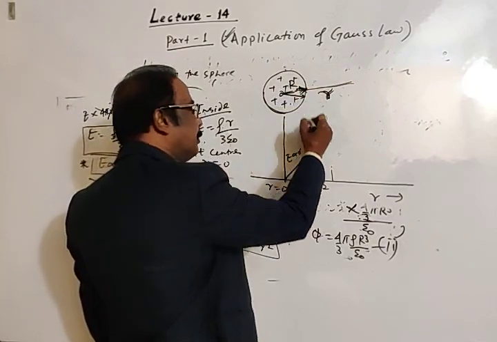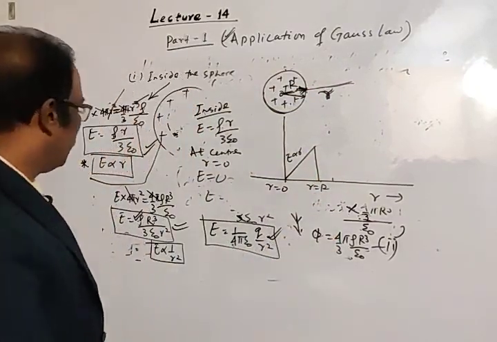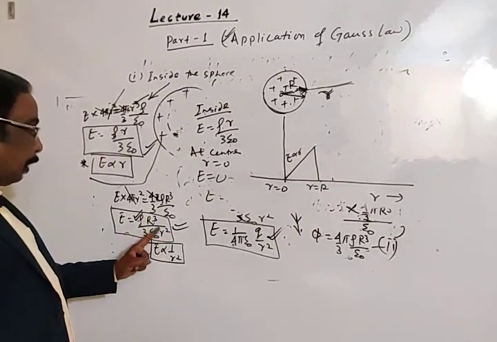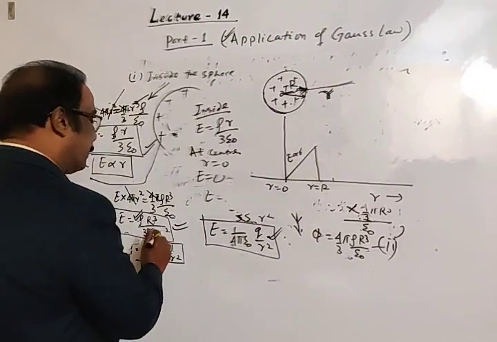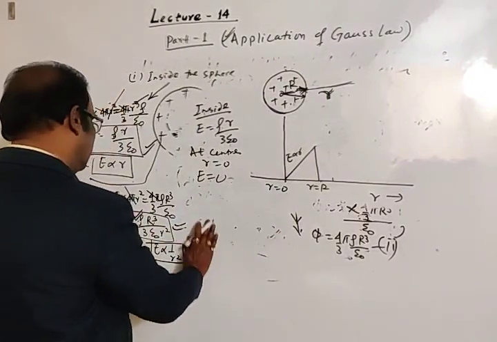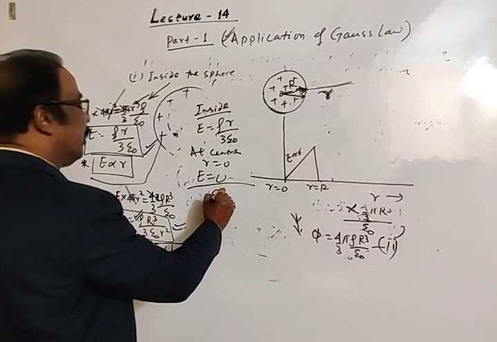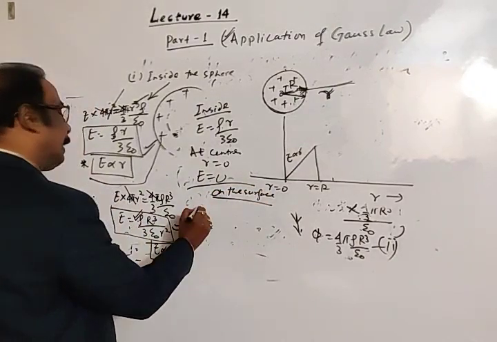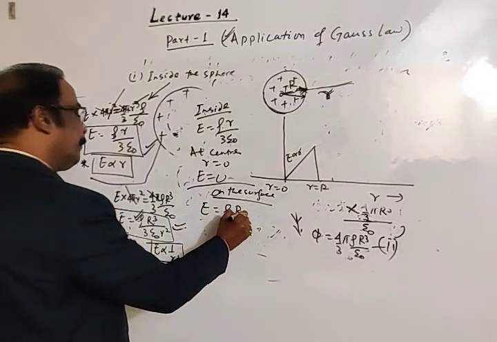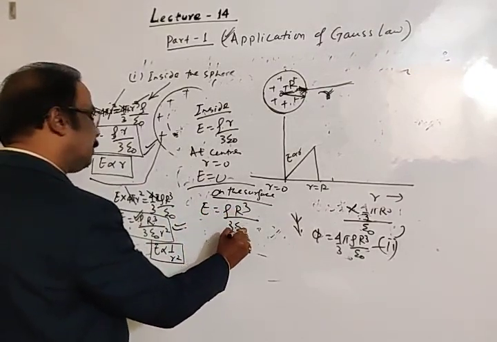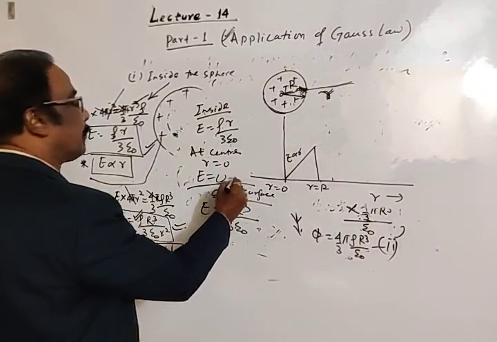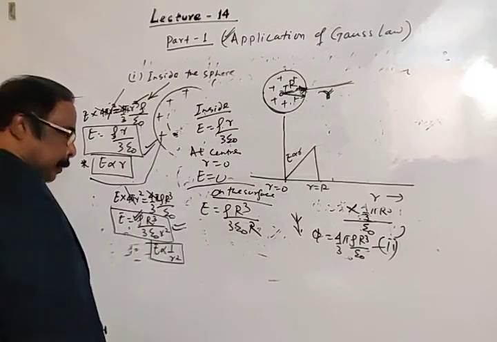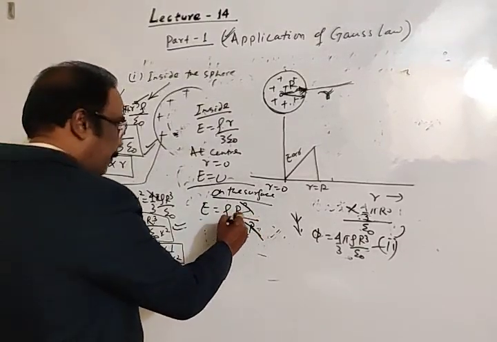On the surface, r is equal to capital R. On the surface, the electric field is sigma R cube divided by 3 epsilon naught R square, and with r equal to R, this is sigma R divided by 3 epsilon naught.